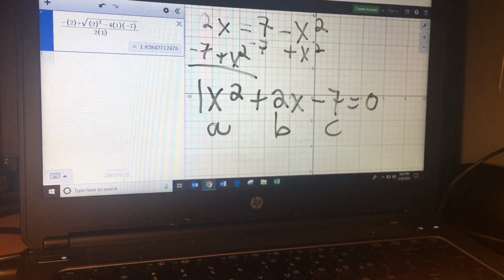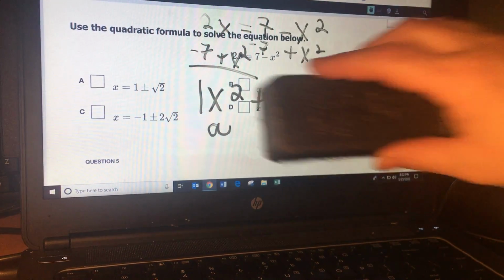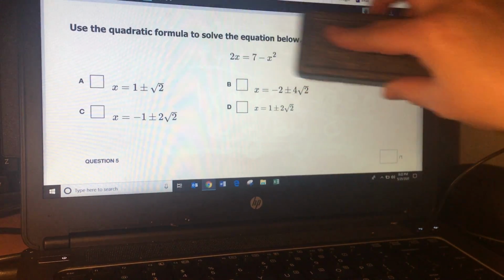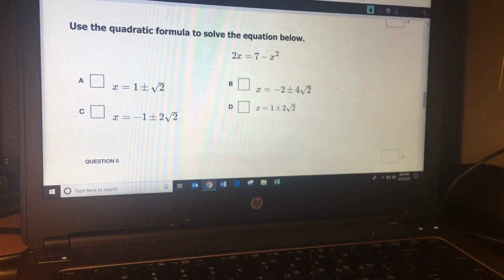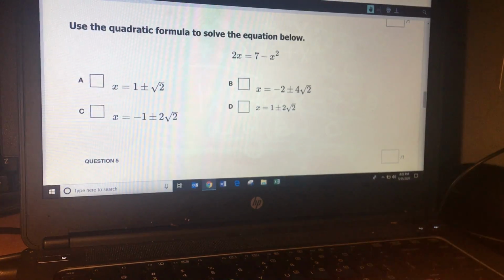Let's see our answer choices. What do we have? Because we're going to compare. So we have a lot of these. Let's do A and C. See which one it is. Let's do one at a time. So A is 1 plus radical 2.